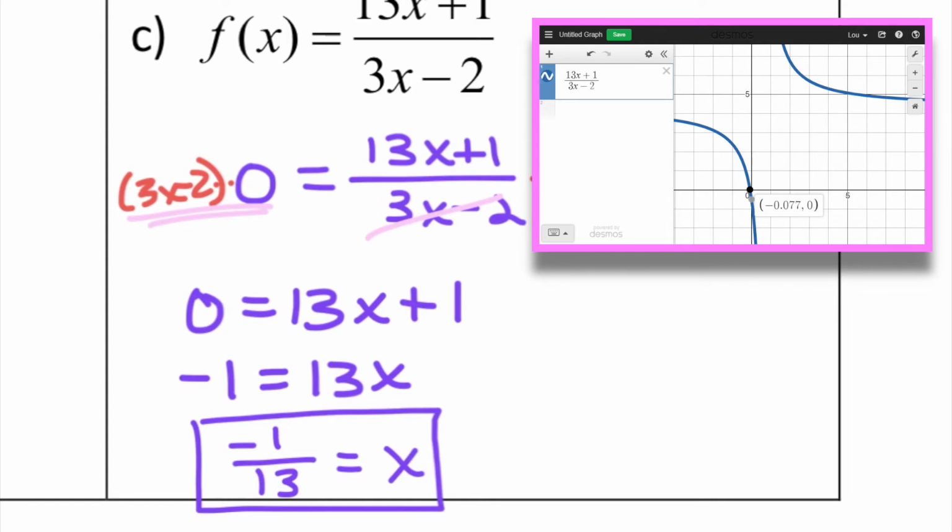I'm probably going to be redundant because I'm going to write what's probably already on your screen, but if you zoom in real close to the origin, you should see something that looks sort of like this. And if you zoom way in on this, that should give you some very small negative decimal number, like 0.076 or whatever. And that is negative 1/13.